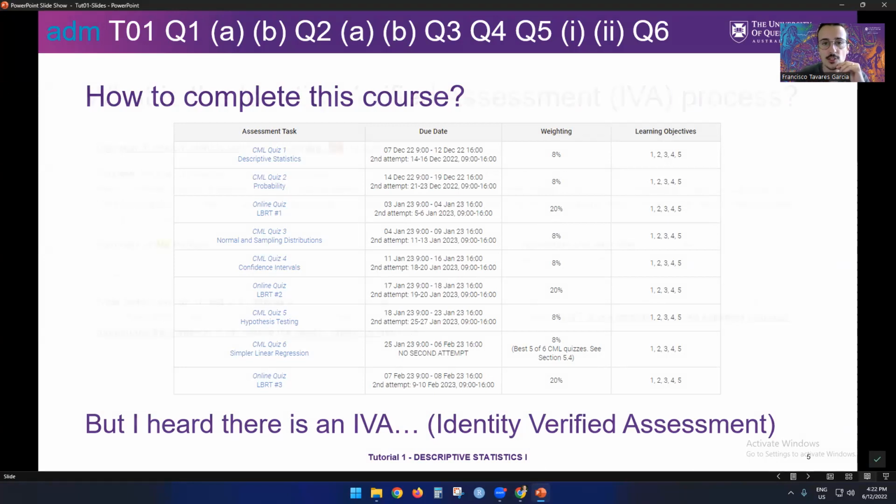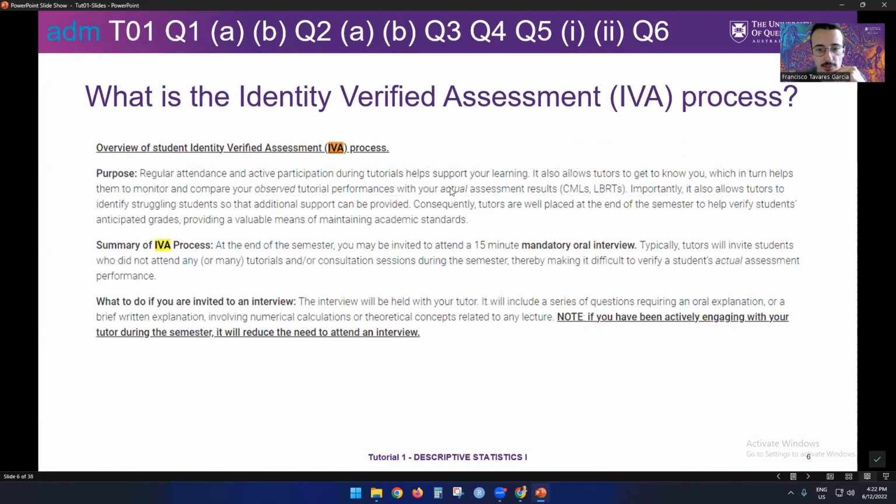And what we wanted to know about this IVA process is the following. If someone's not attending the tutorial in person, that's important if you're watching this video after the tutorial happened, or even if you're attending but you're not interacting at all with us, it's very hard for us to know if you are the person who's solving the CMLs or the LBRTs, or if someone else is doing it, or if there's anything else going on.